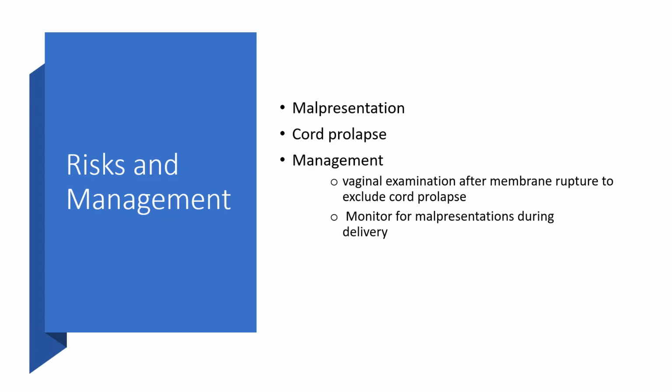The cord can get compressed before the delivery, between the fetal head and the maternal genital tract. That results in fetal distress, fetal asphyxia. So cord prolapse is a major problem in polyhydramnios, with too much amniotic fluid. Malpresentations and cord prolapse are the two most common problems during delivery that lead to obstetric problems.